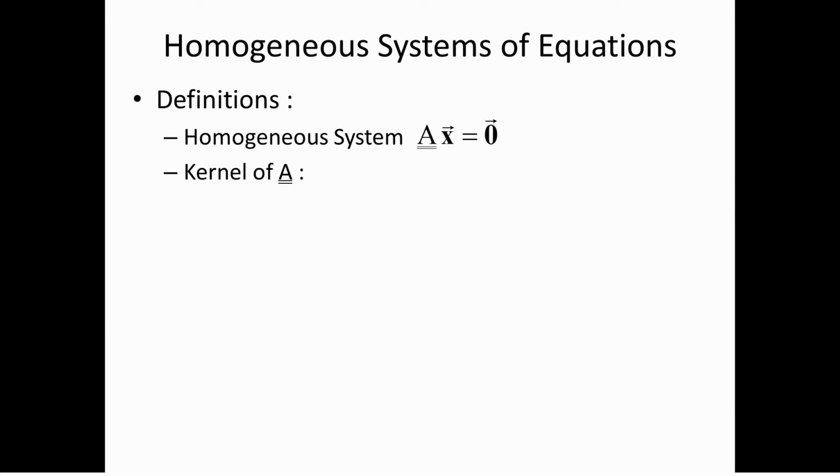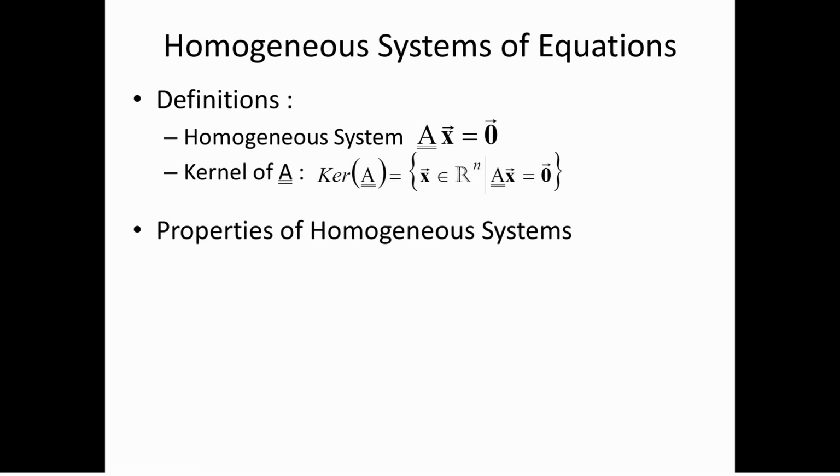And we're going to talk about a very special subset of Rn for an m by n coefficient matrix A called the kernel of A. And it's denoted thus. And it's defined as all of the solution vectors to the homogeneous system for that matrix A. So it's all the solutions of AX is equal to the 0 vector.